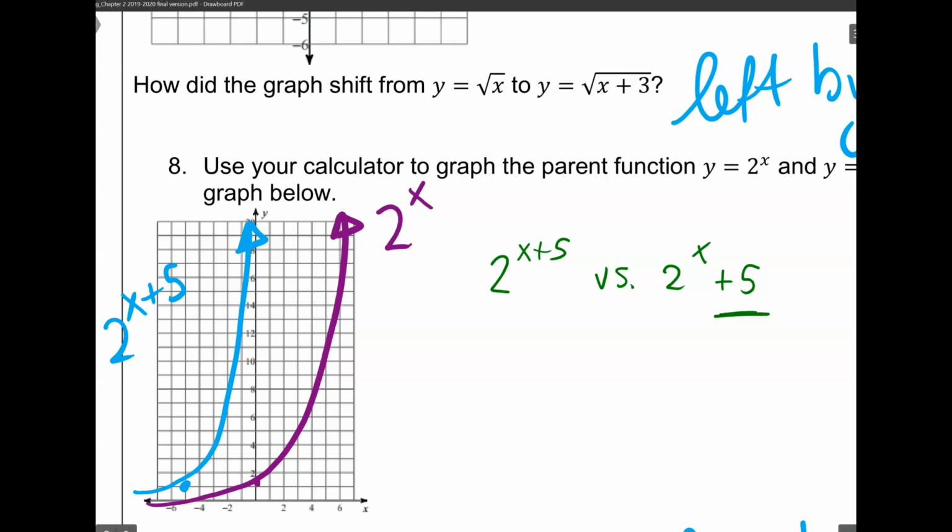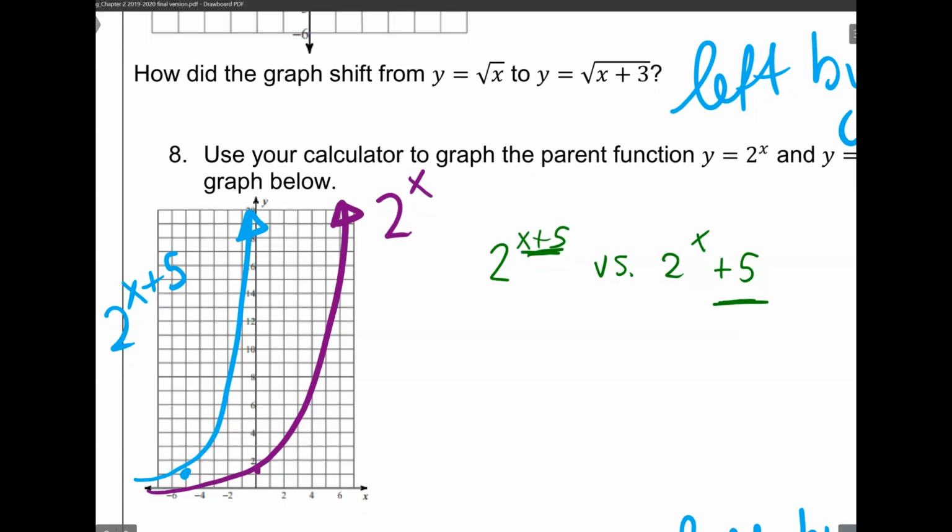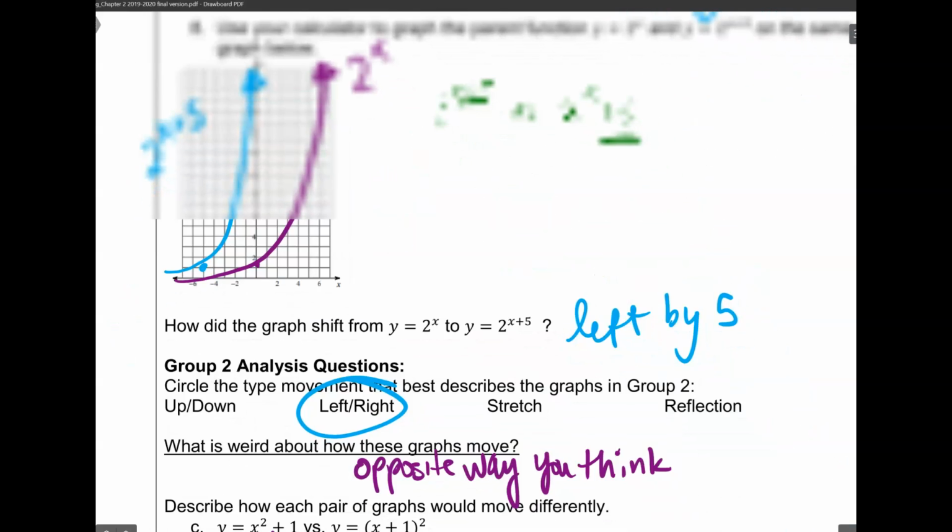So what does this do? Moves it up 5. Versus, look, it's in the exponent with x. It moves it to the left. So we're talking about a horizontal move versus a vertical move. So that's the next thing that we're going to be talking about.